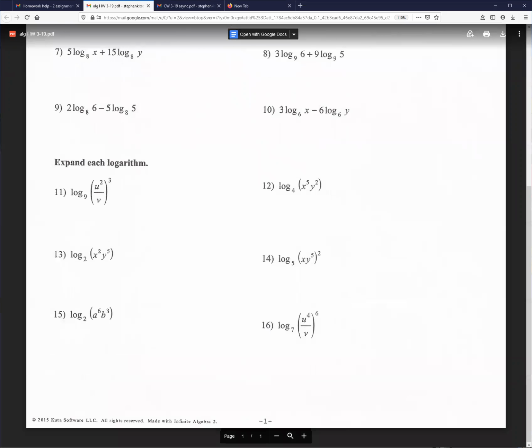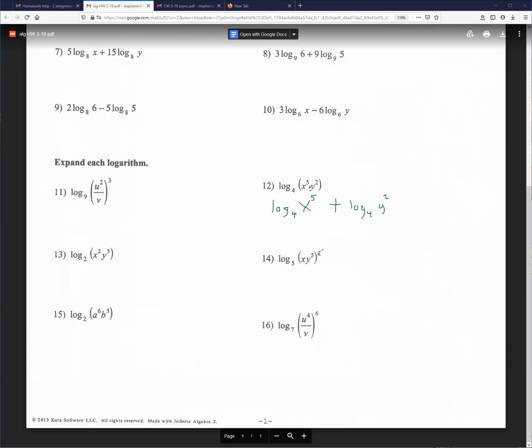Expand each logarithm. All right, I'm going to skip 11 and go to 12. So number 12, we've got a multiply on the inside. We have powers as well, but we'll deal with those second. So a multiply on the inside means that we need to add on the outside. So we're going to take the first thing that's inside, and then we're going to take the second thing that's inside, and we're going to add them together.